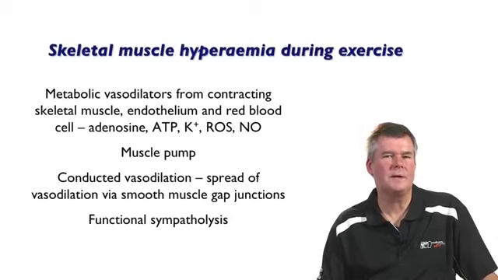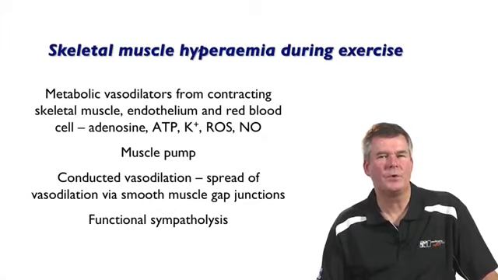What are the factors that mediate these cardiovascular responses to exercise? Well, a fundamental part of the cardiovascular response is the increase in skeletal muscle blood flow. And important factors that increase blood flow are metabolic vasodilators that are released from contracting muscle, from the endothelium lining the blood vessels, and from the red blood cell itself.